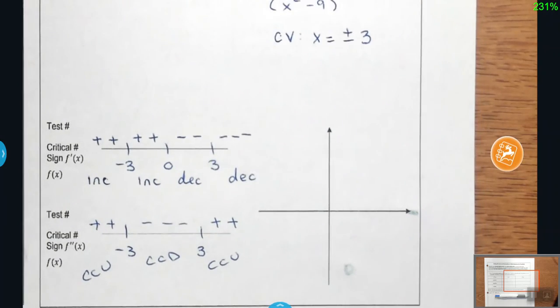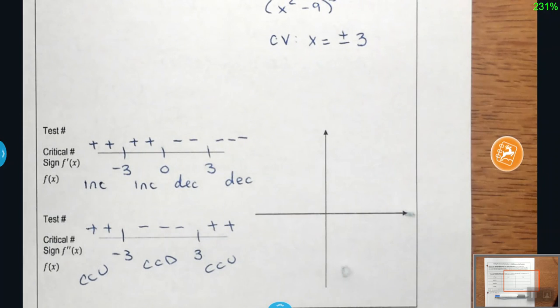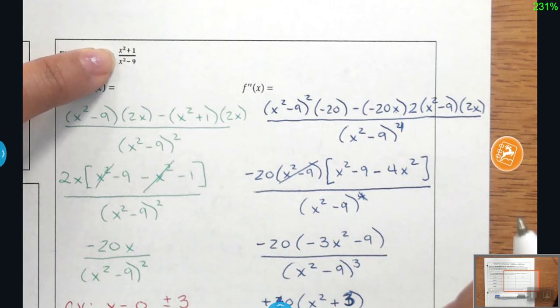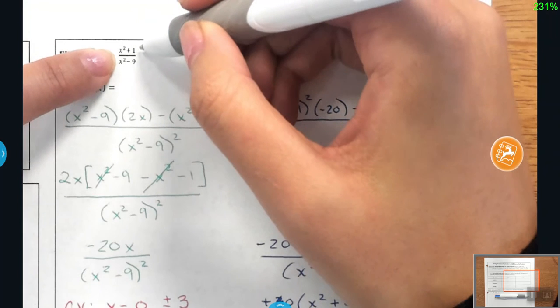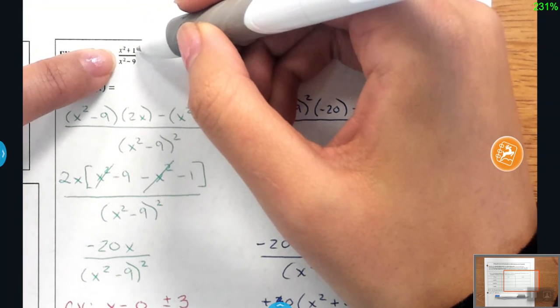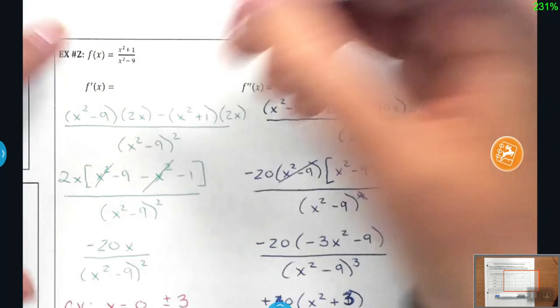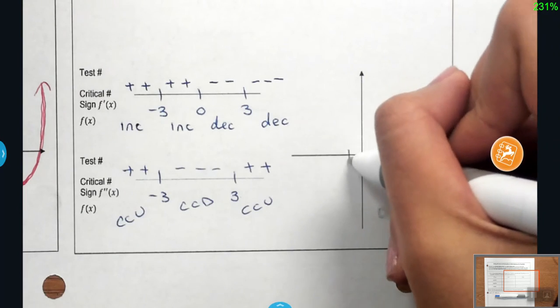All right, on the original, I forgot to do this at the beginning. Tell me, do I have any x-intercepts? No, because we can't set that equal to 0. Do I have a vertical asymptote? Yes, at 3 plus or minus 2.